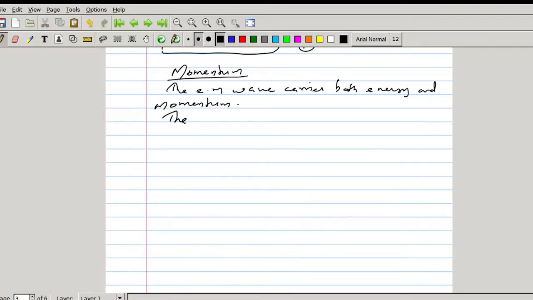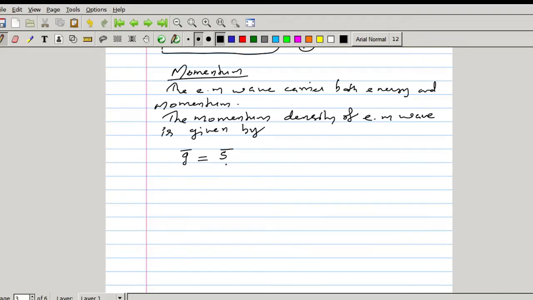The momentum density of an electromagnetic wave is represented by the letter G. G is equal to the Poynting vector S by C square.